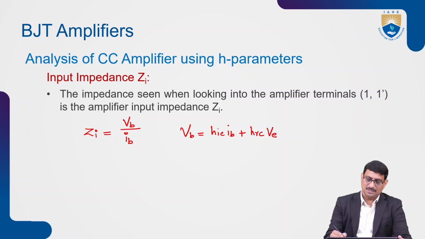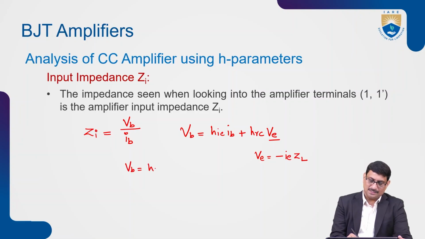In this expression, again I will replace this VE. VE, we know, is minus IE into ZL. By substituting it, VB equal to HIC IB minus HRC IE into ZL.